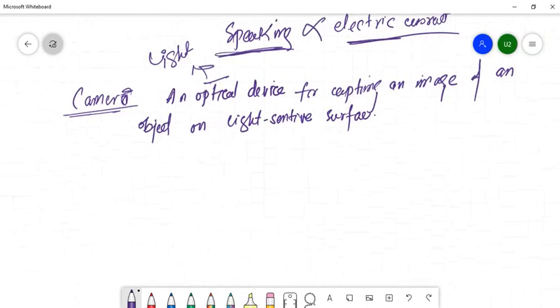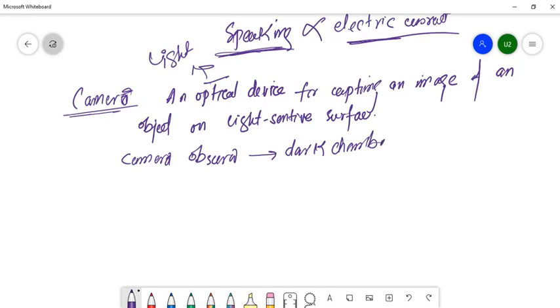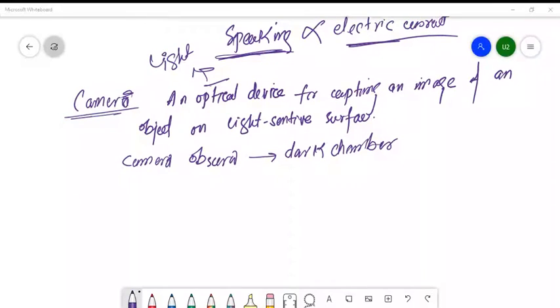One of its original names was camera obscura. This is the original name, and that means dark chamber. Dark chamber, right?